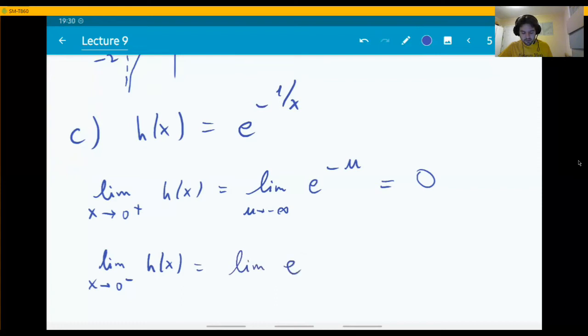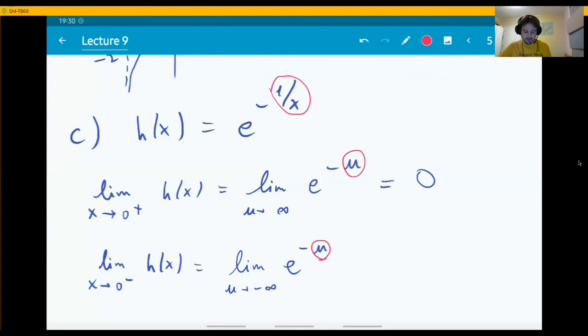I think I had a mistake in the previous one. The proper way to write this would be u going to infinity with a minus u here. I just want to clarify this notation that I'm doing. I'm basically saying that the 1 over x is my new u.